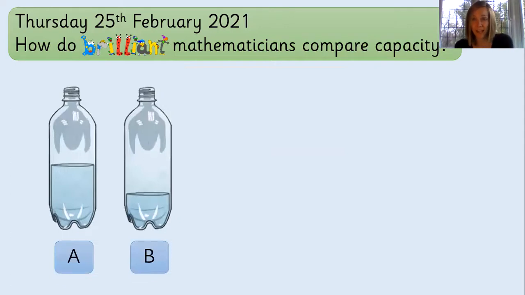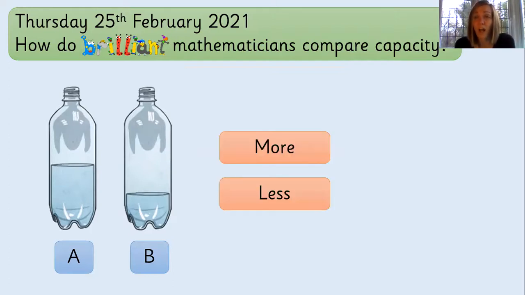So let's have a little look at 2 more containers. I've got some bottles here, some bottles of water. And you can see that bottle A, it's kind of halfway really, it's nearly full. And bottle B, it's nearly empty, I would say. So I've started to use those 4 words to think about bottle A and bottle B. But what I'm going to try and use is the words more and less.